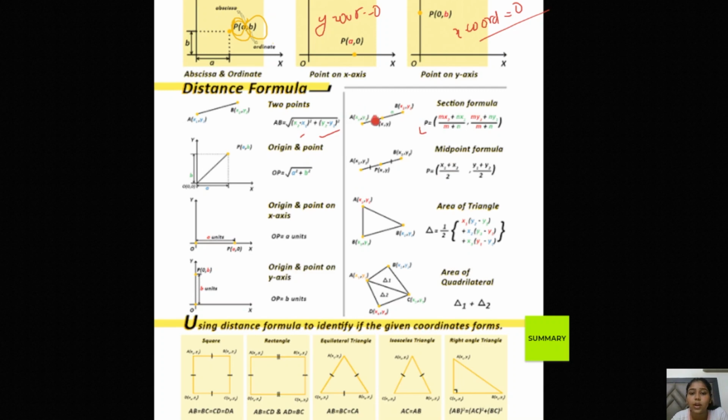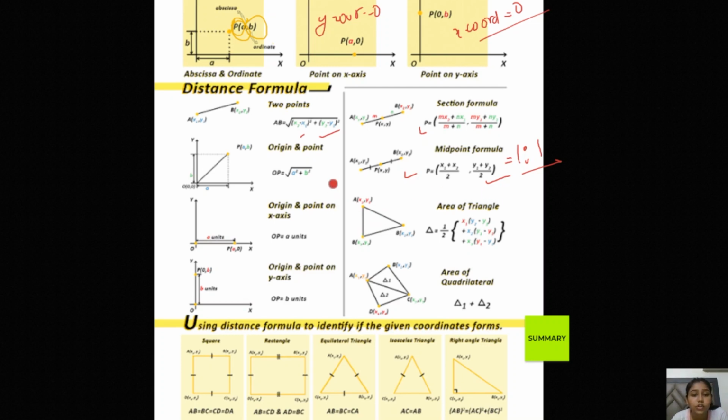The section formula, dividing in the ratio m:n, will be (mx2 plus nx1) divided by (m plus n), and for the y coordinate (my2 plus ny1) divided by (m plus n). For the midpoint, the ratio is always 1:1. In that case, the formula for the x coordinate or abscissa will be (x1 plus x2) divided by 2, and for the y coordinate or ordinate it will be (y1 plus y2) divided by 2.